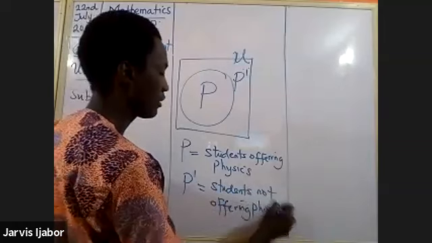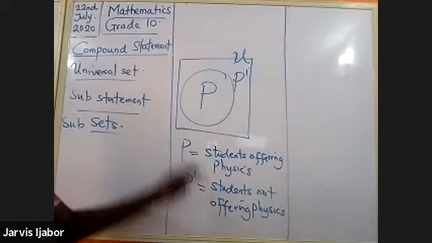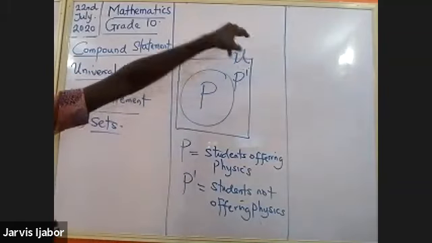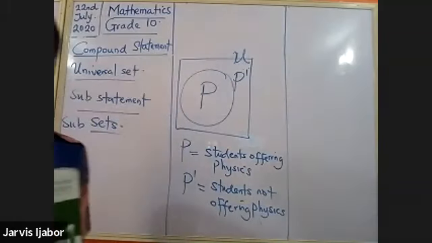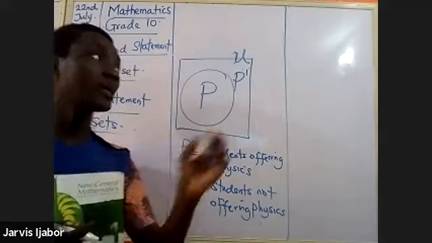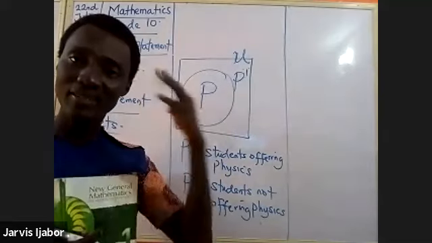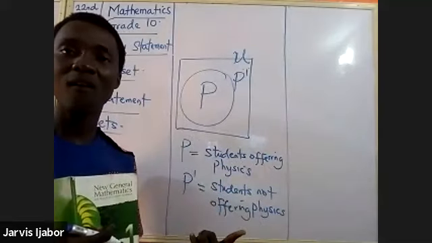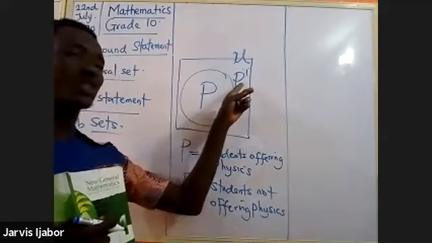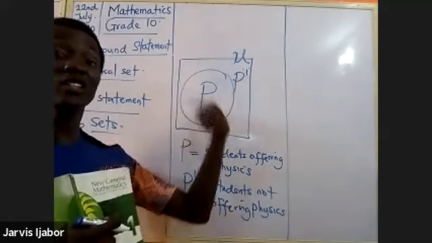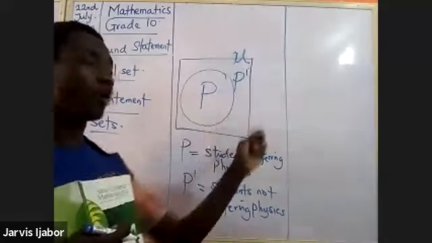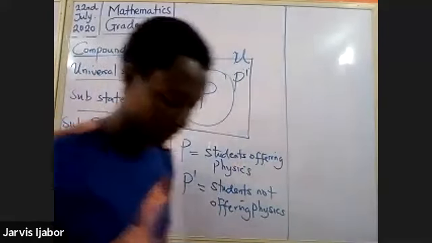That's what it will mean. So these are two iterations of the compound statement or the universal set. So take home, the universal set is like the compound statement, where the statement itself and the negation of the statement will make up that compound statement.